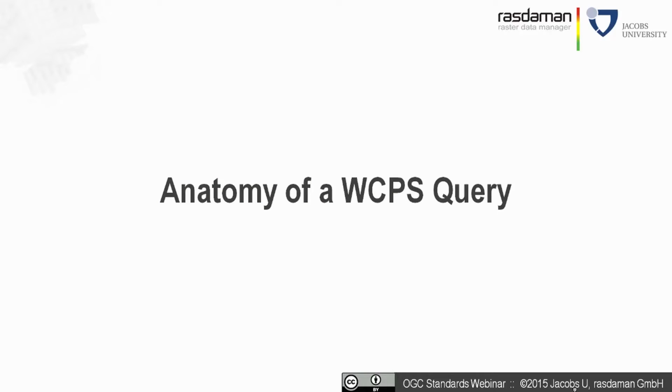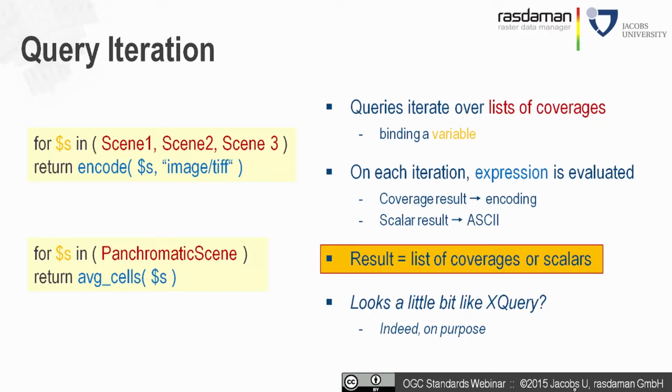So what does such a query look like? Let's look at the anatomy. Overall, it's an iteration, like a loop, so we indicate a list of coverages, that's the red part, and we bind a variable to it. That is like a loop iteration, where on each iteration the variable is bound to a particular coverage, and then the expression in the return clause is evaluated with that variable value.